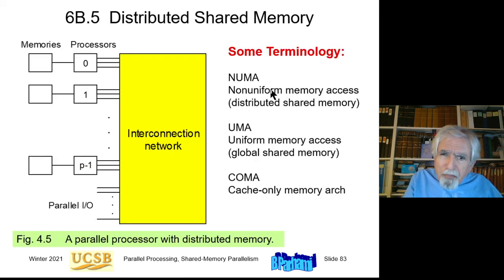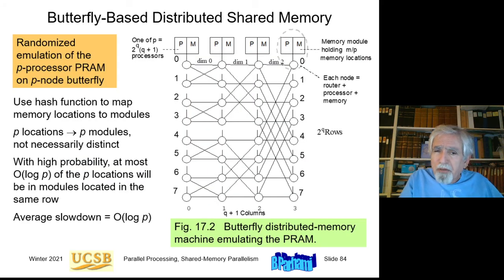So basically, this interconnection network that connects processor memory pairs together, in this example, is a butterfly network. And a processor wanting to access the memory associated with some other processor has to route its request through this network until it gets there, and then the result flows back through the butterfly network. So that's one example. You can use any kind of interconnection network here.